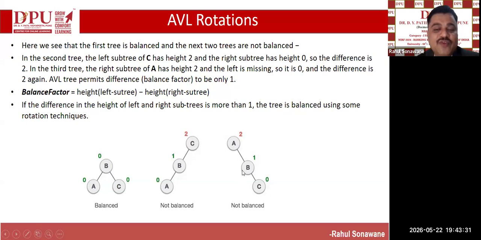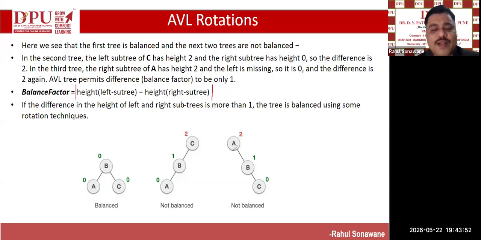Okay. Now here the height of the left subtree is 0, and the height of the right subtree is 1. Therefore, 0 minus 1 should be minus 1. But while calculating the balance factor, we usually consider the absolute value, so you can take it like a mod: the mod of height of left subtree minus height of right subtree.